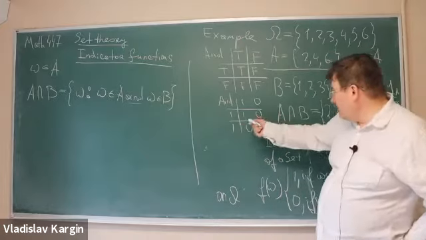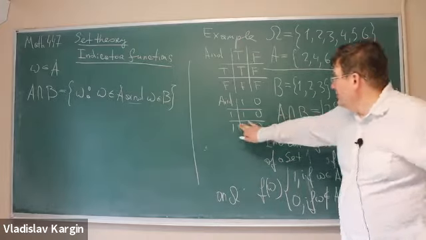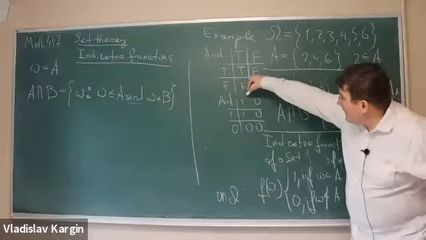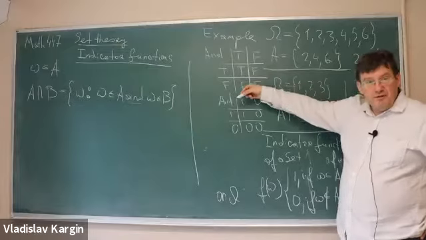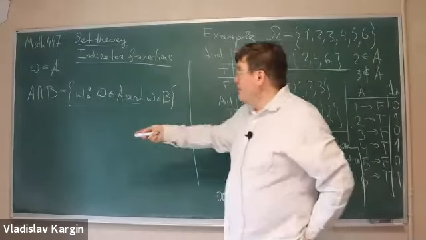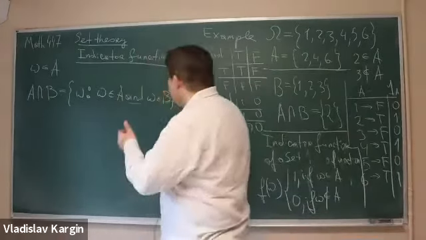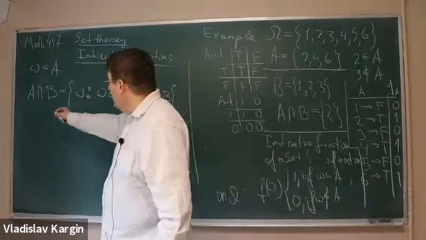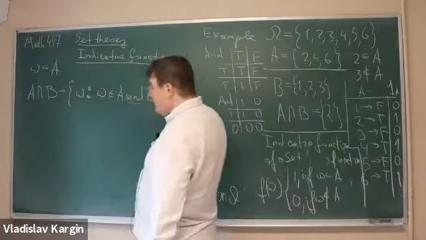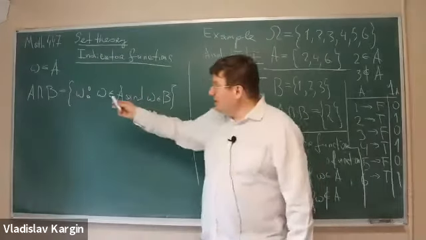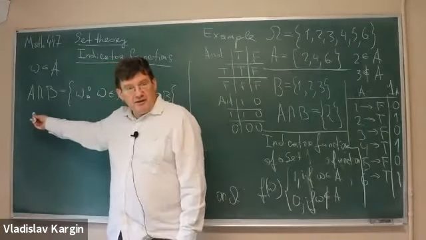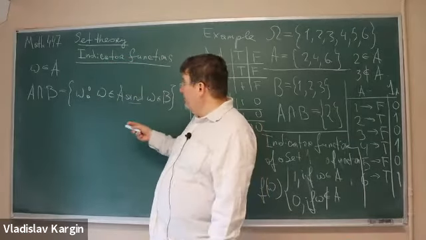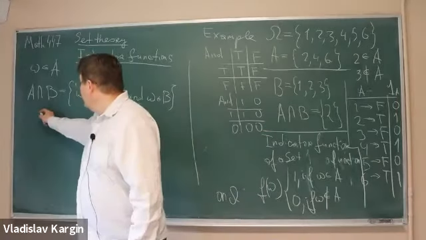So if you look at this, you see that this is just a multiplication. You just multiply these things and you get this. So now that means we can write how to calculate the indicator function of A intersect B in terms of the indicator functions of A and B.